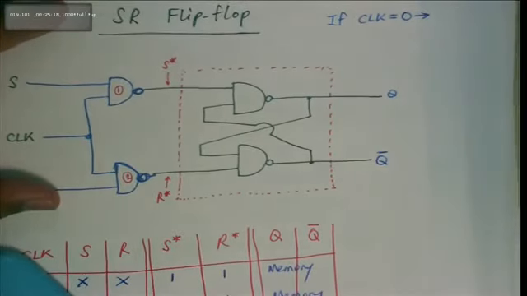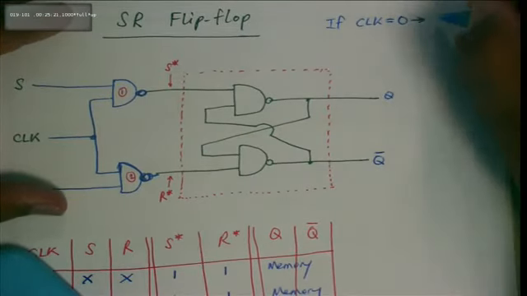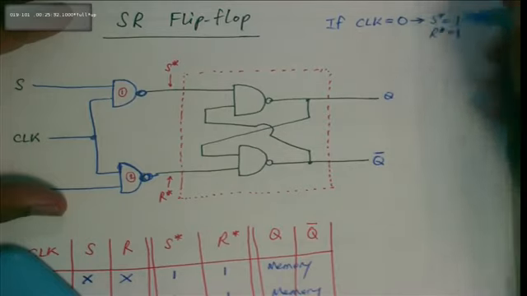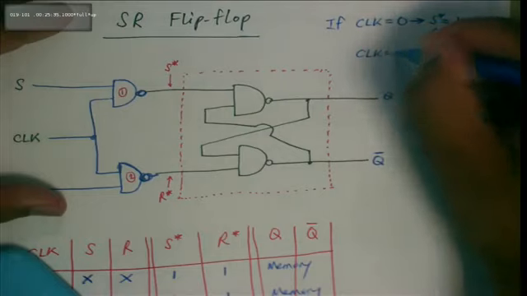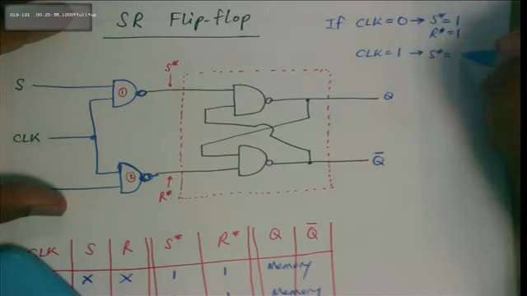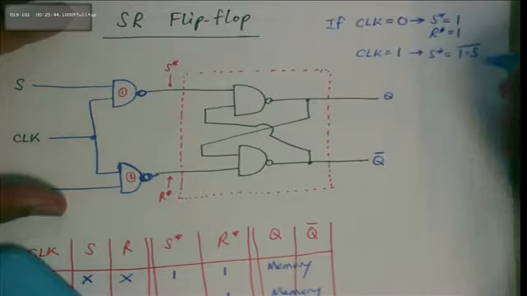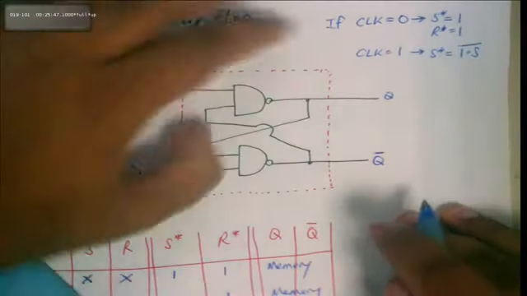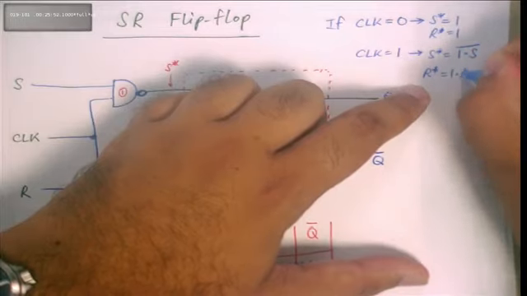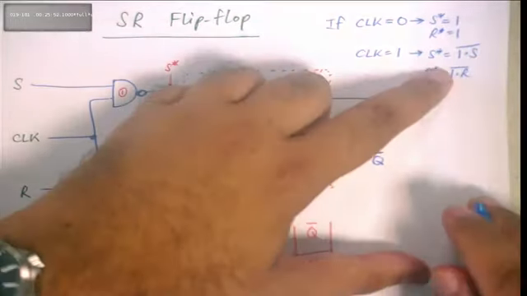I'm just going to zoom out a little bit so that you can see, there's not enough space over there. So S star is equal to 1 and R star is equal to 1. If CLK is equal to 1, then S star is equal to 1 NAND S, and R star is equal to 1 NAND R. You see this over here in the corner?